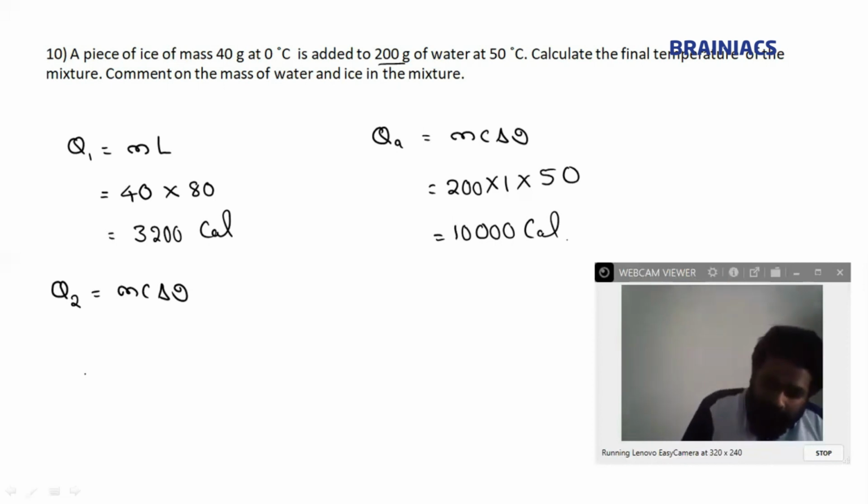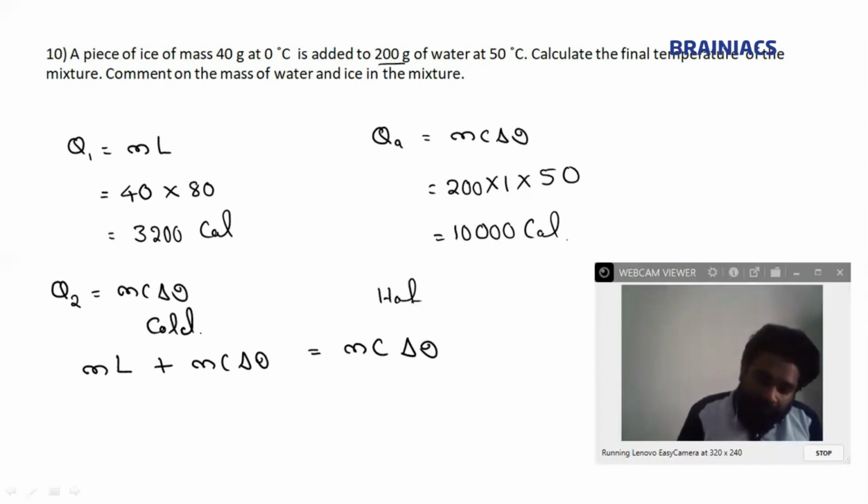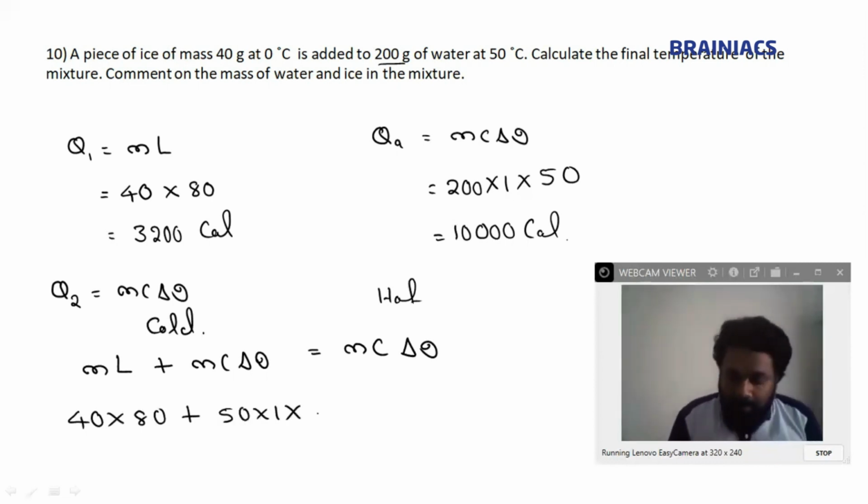Now what we will do? We will equate this: mL plus mc delta theta is equal to mc delta theta. Okay, this is the hot side, this is the cold side. Now let us see. 40 into 80, this will happen for sure, plus 50 into 1 into the temperature of the mixture, which we do not know.